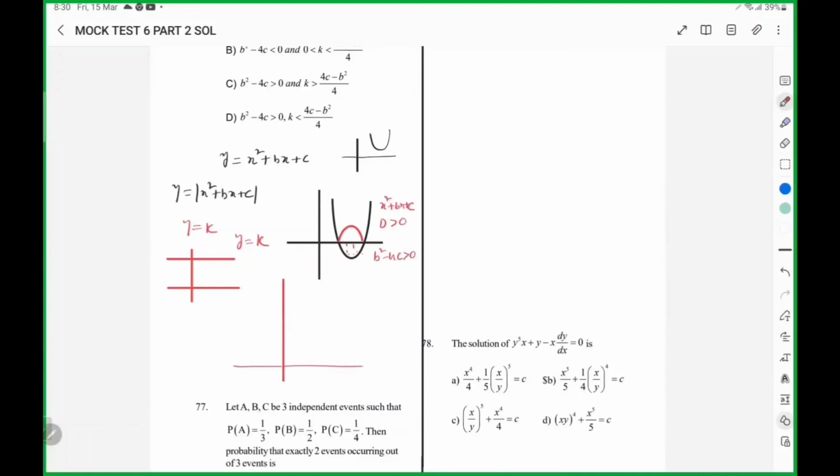Graph 1 is this graph, and y equal to k. Suppose k happens to be here.